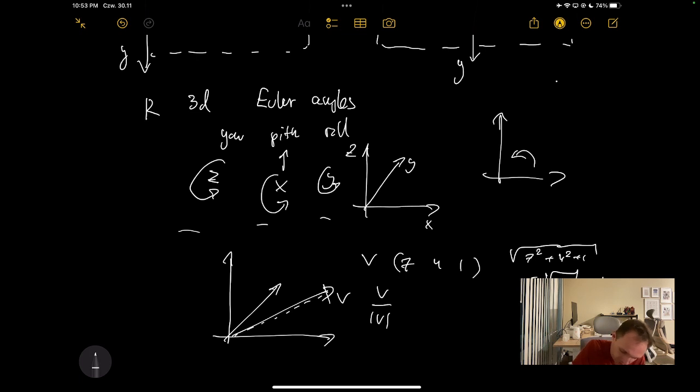That's K. So it's like you have 7 over K and then 4 over K and then 1 over K. So this is sort of your axis of rotation, and then you can encode in v how much you rotate, and this is a really efficient way of just using three floats to encode rotation.